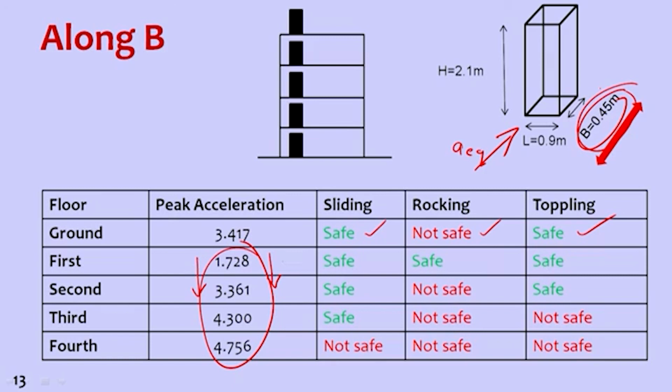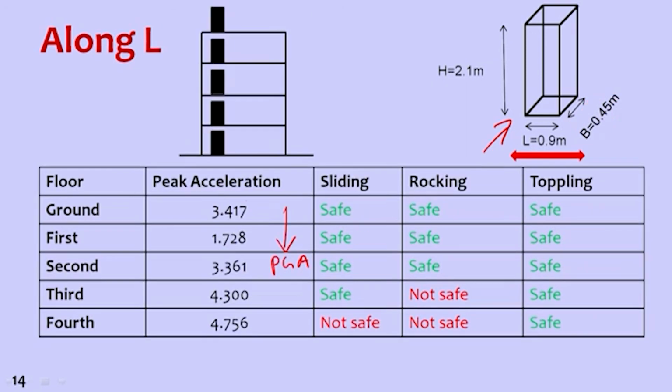Here is a table for when the element is kept along the B direction. For this example we are keeping PGA constant, but in reality the earthquake has a different PGA value in two different directions; for the calculation here we kept it the same. So there is no change in PGA for the floor, but by just changing the dimension or the direction of a non-structural element, we can see the safety of the element in sliding, rocking and toppling for different floors changes.